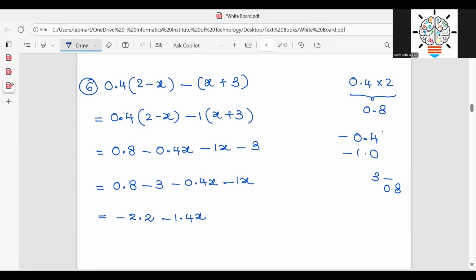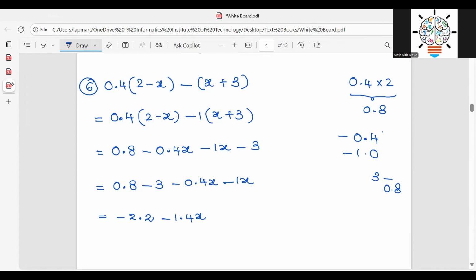See whether you got the answer like this. First you simplify the brackets separately and you merge them. 0.4 times 2, 0.8, and 0.4 times negative x, negative 0.4x, and negative 1 times x, negative 1x, negative 1 times 3, negative 3. So then 0.8 and negative 3 you wrote closer because they are like terms, they are just numbers.